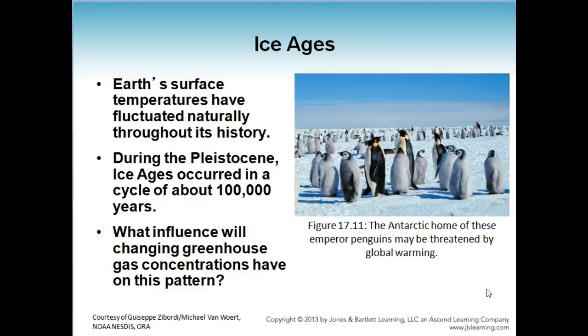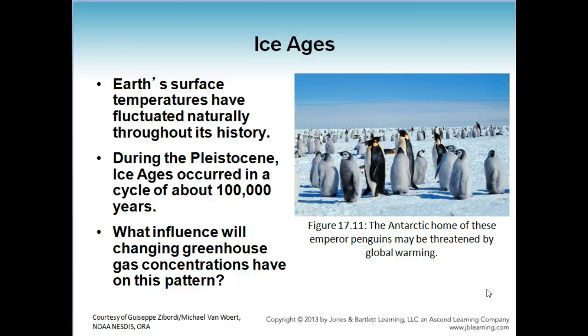Now, historically, there's been a lot of fluctuation in the Earth's temperature. The Earth's surface temperature fluctuations throughout history can be measured in ice cores from the poles and sometimes in the geological record. During the Pliocene, that's our current time, ice ages occurred in about a cycle of 100,000 years.